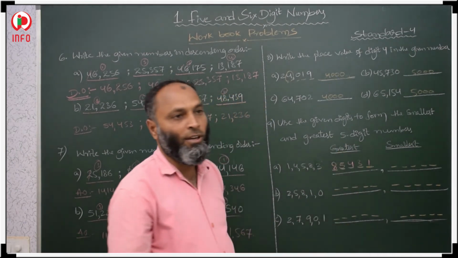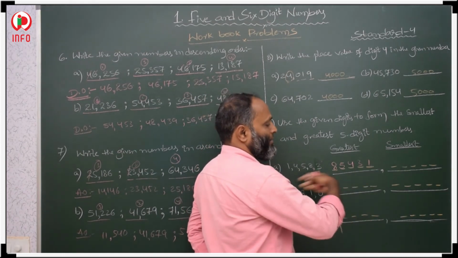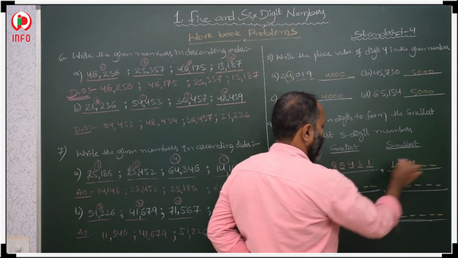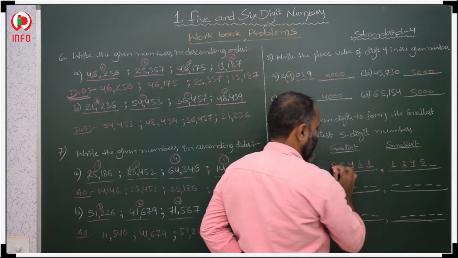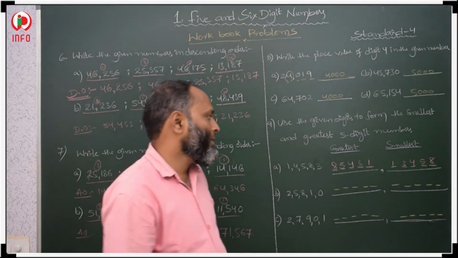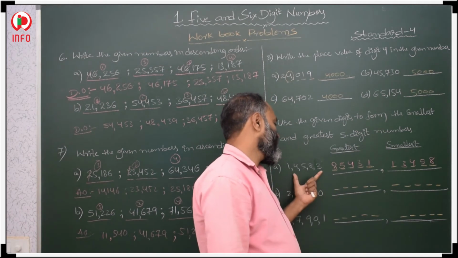In this way we arrange for the greater number. For the smallest number, you have to write in reverse order: 1 here, 3 here, 4 here, 5 here, and 8 here. This is the greatest, and this is the smallest number we can form using the digits.